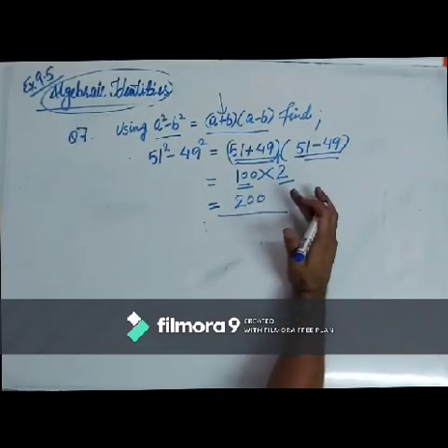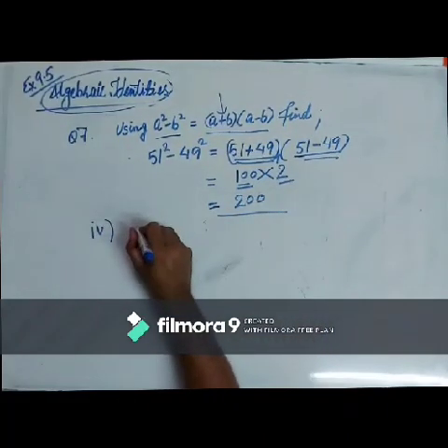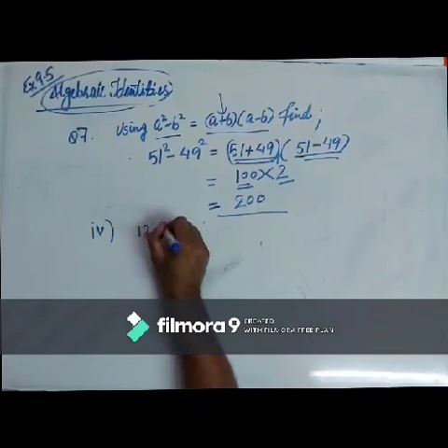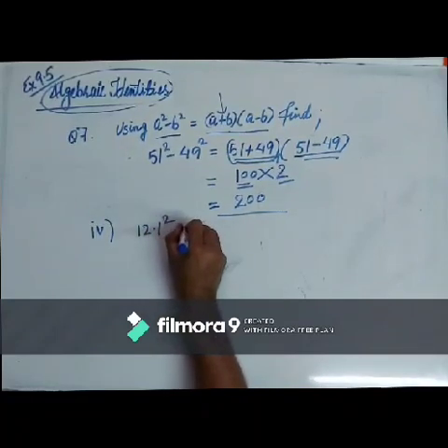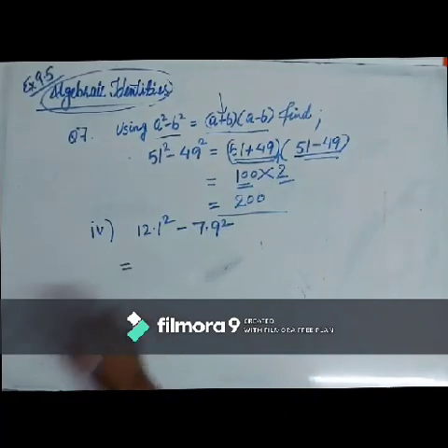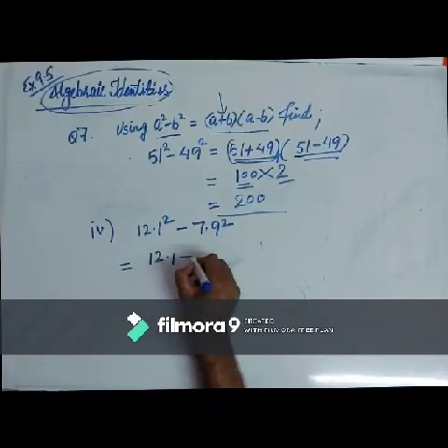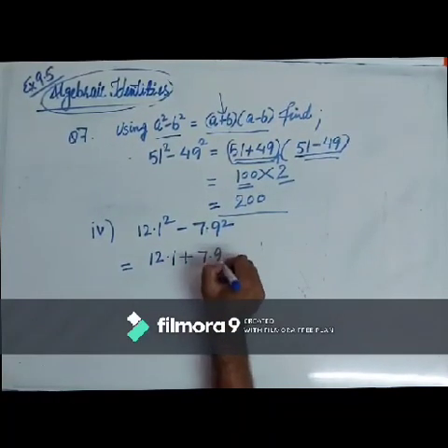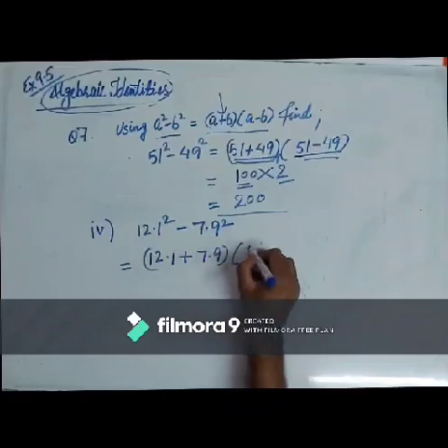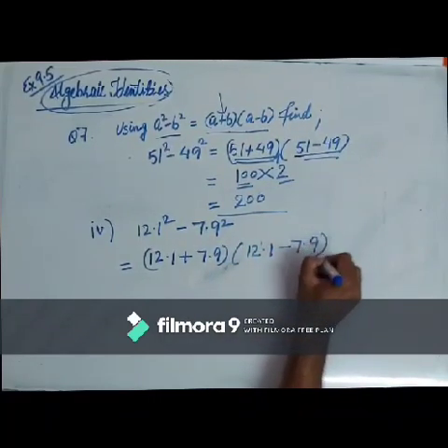If I perform another one for you, say the fourth part, which is 12.1 whole square minus 7.9 whole square. If I rewrite it according to the identity, this is 12.1 plus 7.9 into 12.1 minus 7.9.